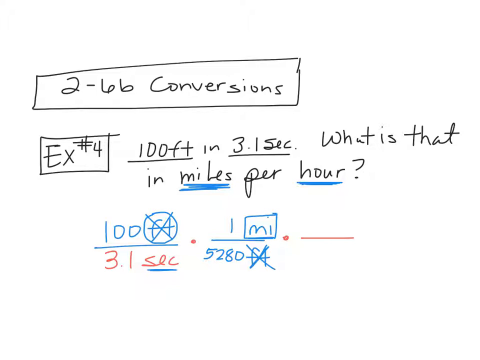Most people probably know how many seconds there are in a minute. Right now seconds is on the bottom in your denominator, so we're going to put it on top so that we can cancel it out. So seconds will cancel, and seconds convert to minutes, so we're going to put minutes on bottom. This is going to be 60 seconds is 1 minute.